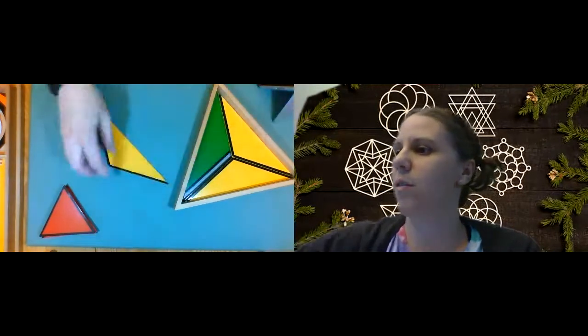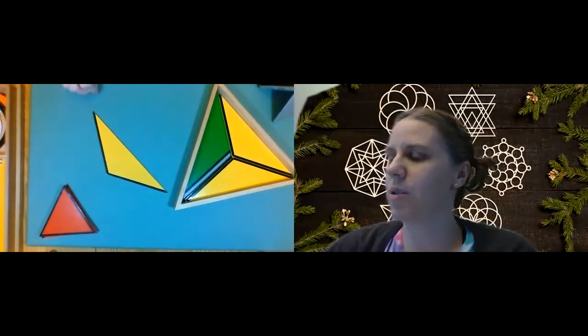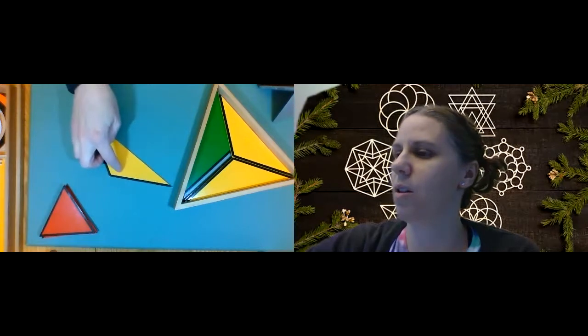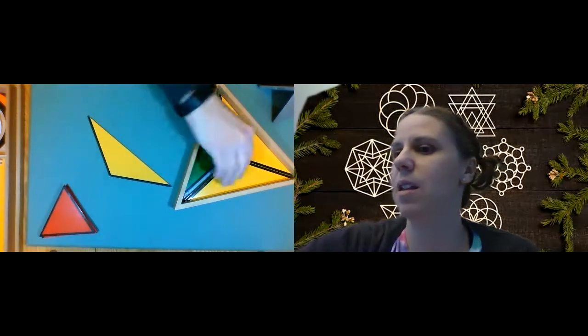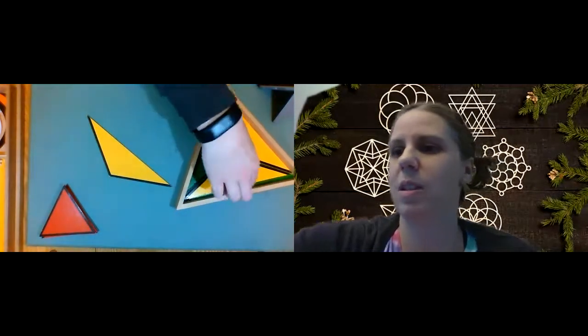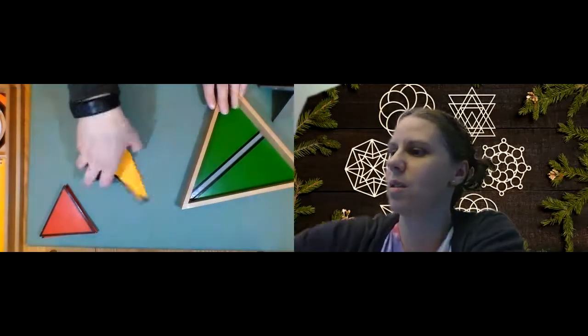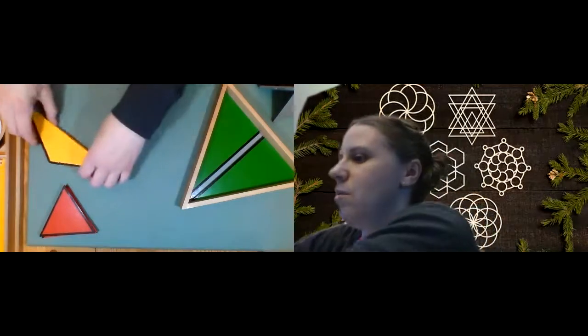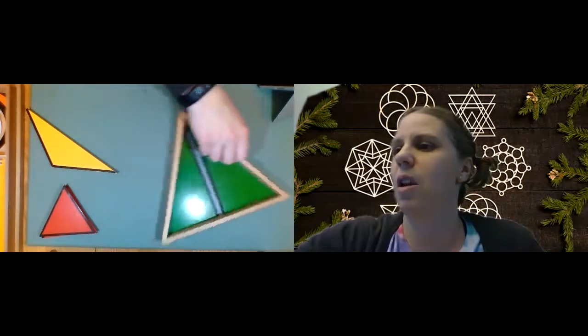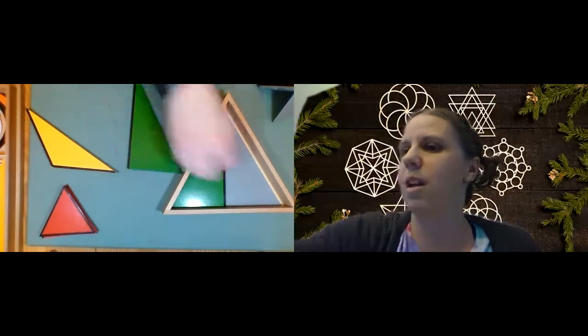There's those ones. And here I have some obtuse isosceles triangles. These ones have an obtuse angle. These sides are the same length. So we're going to take those ones out and set them over here and make a stack of those. Set them right here. And here I have 2 right triangles.